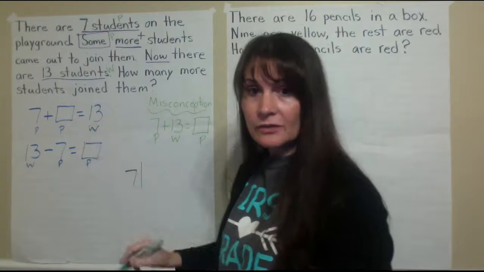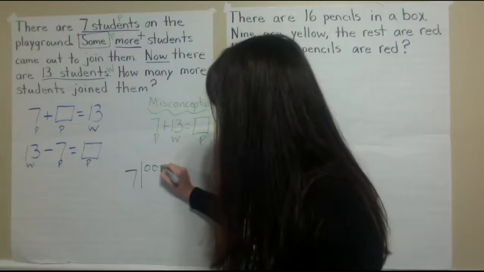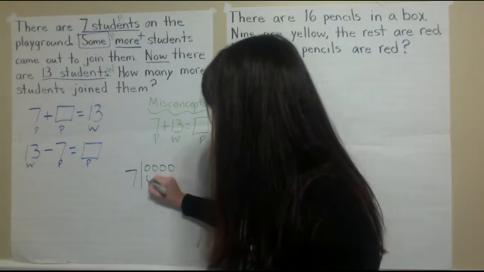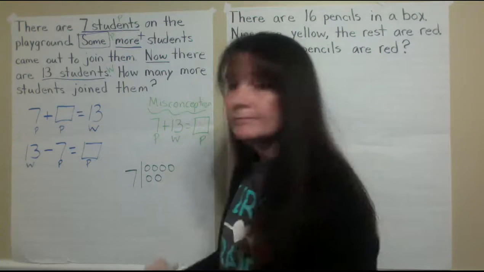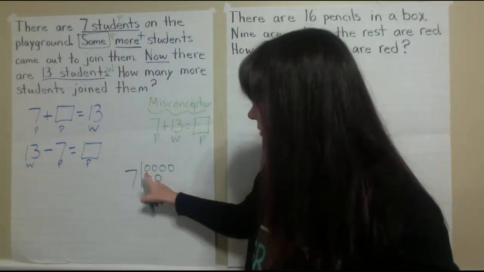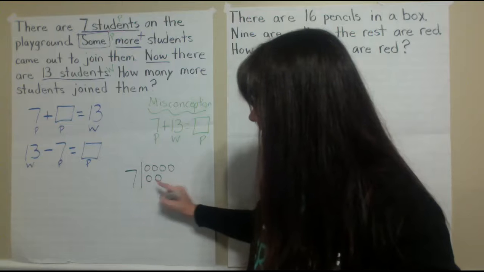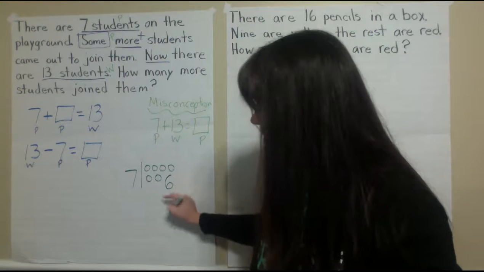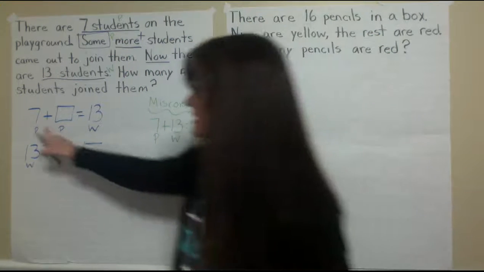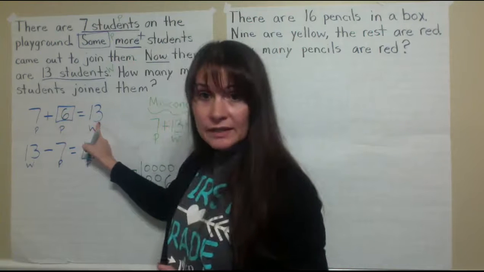Let's do that together. 7, 8, 9, 10, 11, 12, 13. So how many would I have to add? Let's count. 1, 2, 3, 4, 5, 6. So that would mean that 7 plus 6 equals 13.